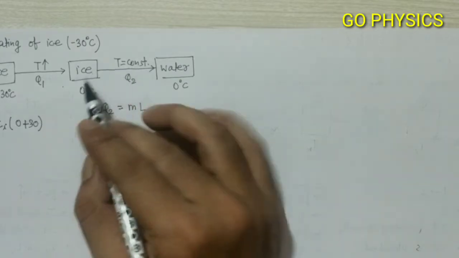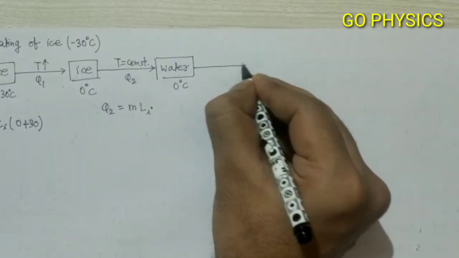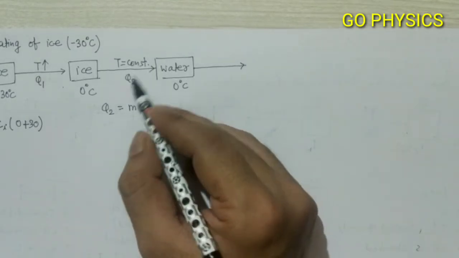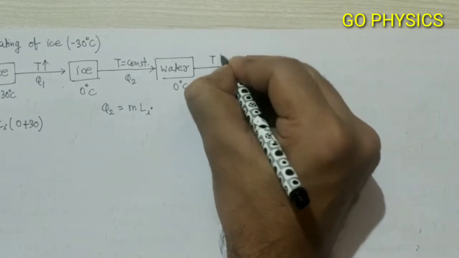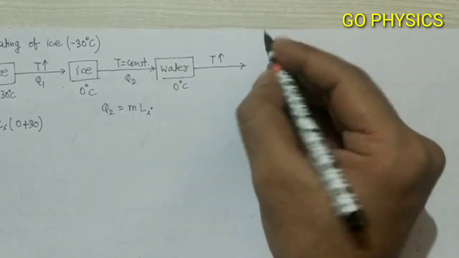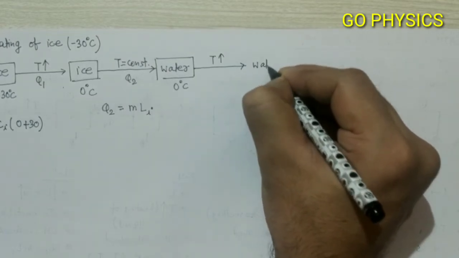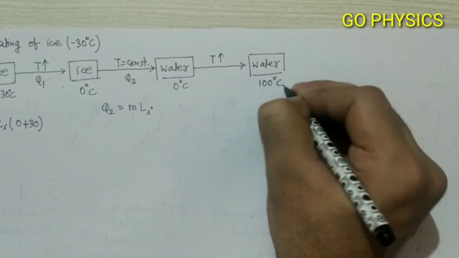Now since heat is continuously supplied, so now what will happen? Temperature of the water will keep on increasing, and it will increase to the boiling point temperature of the water. And boiling point temperature of water is 100 degrees Celsius.